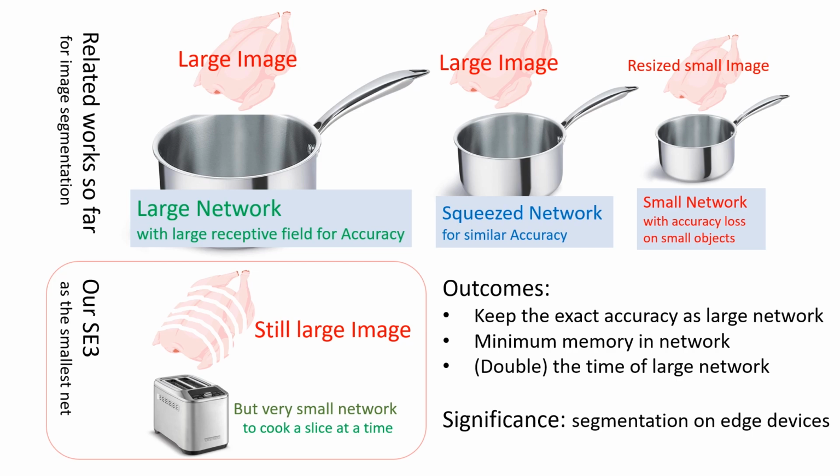In our case of sequential semantic segmentation, SE3 here, we use a very, very small network, but it works on the same large images. The idea is to cut the images into slices so that we can cook a slice at a time.